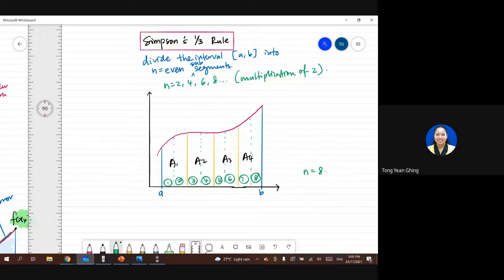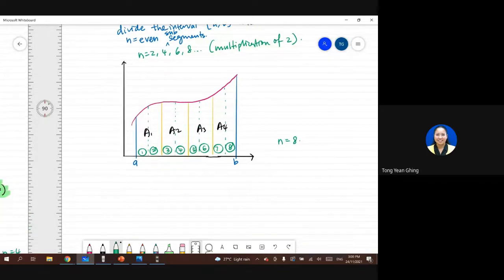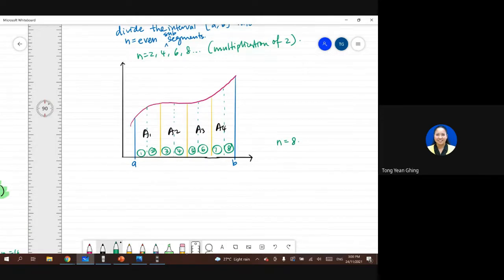Okay, so sekarang saya pecah kepada sini macam ni, and now when we want to find h, the value of h is equal to b minus a divided by n. Sekarang h, sini and h. This is h. So you look at here, we have a and b.